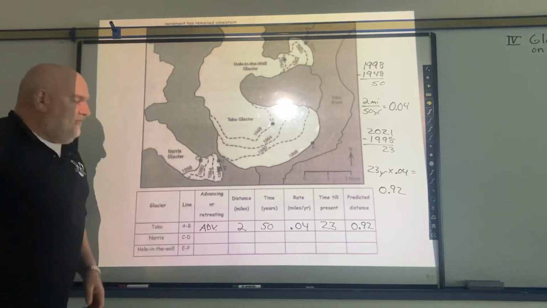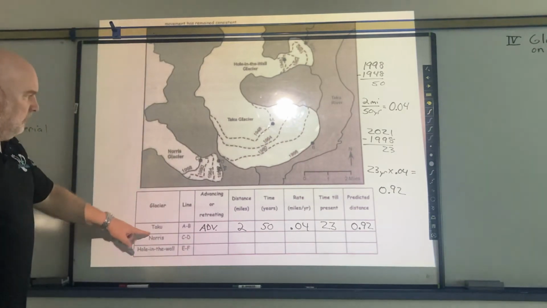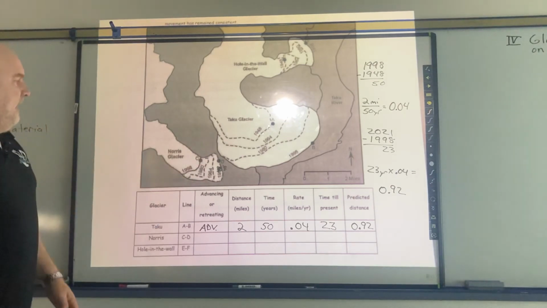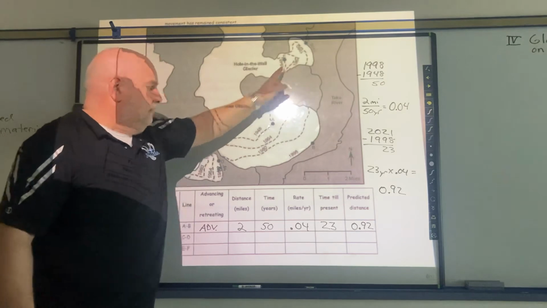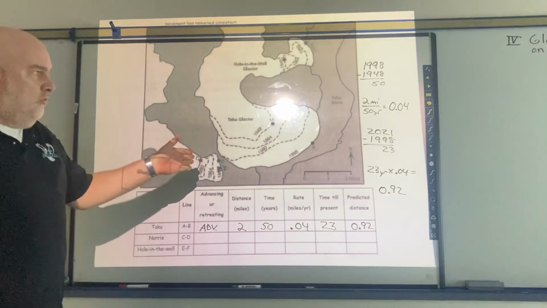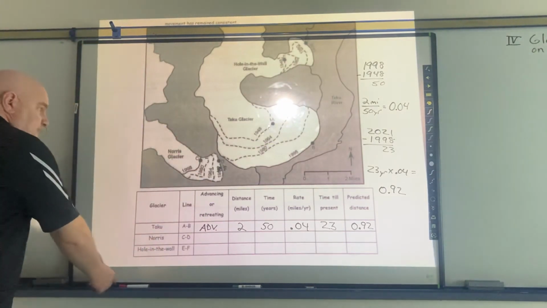Then you're going to do the exact same thing for the Norris Glacier over here, and the exact same thing for the hole-in-the-wall glacier up there. So that's what you have to do with that map.